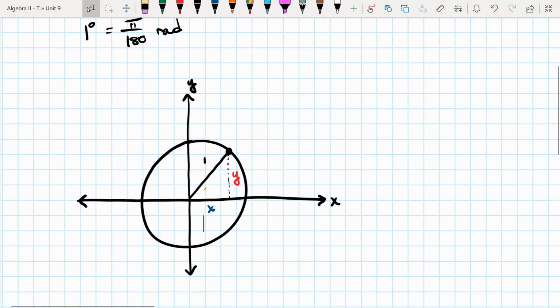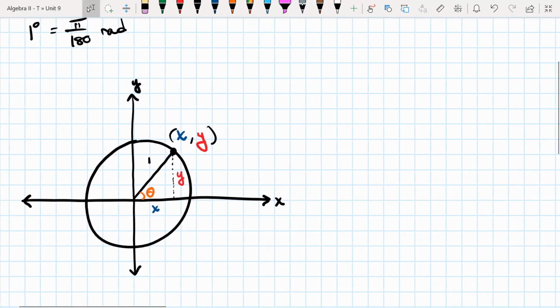And we also have this angle theta. So this is x comma y. Trig functions are defined as the relationship between this angle, theta, and the x and y values.